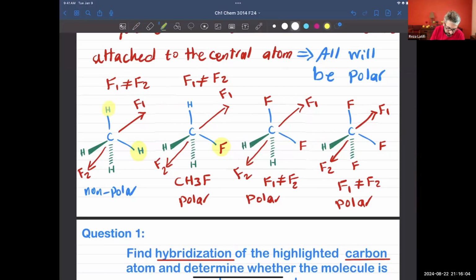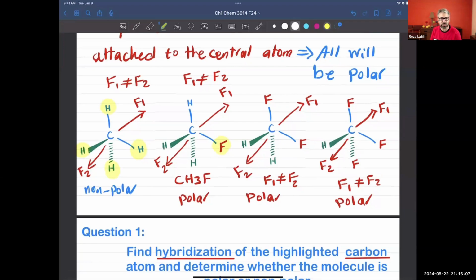So remember, we used to have 4 identical hydrogens. And I change one of the hydrogens. So let's say I'm going to change this, and I keep those yellow. Now, I have 2 of them here. I change 2 of the hydrogens. And again, now I have 3 hydrogens, 3 fluorines, and this one is hydrogen. Let me change the color of this one.